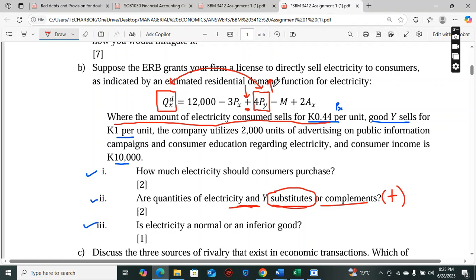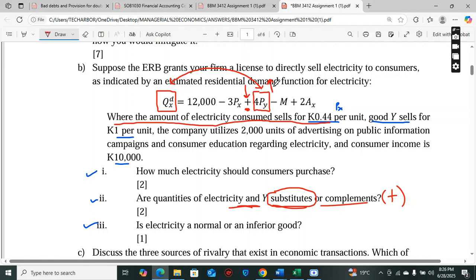I think in this context that makes sense. So if the price of solar panels goes up, people will go back to Zesco and buy more units.